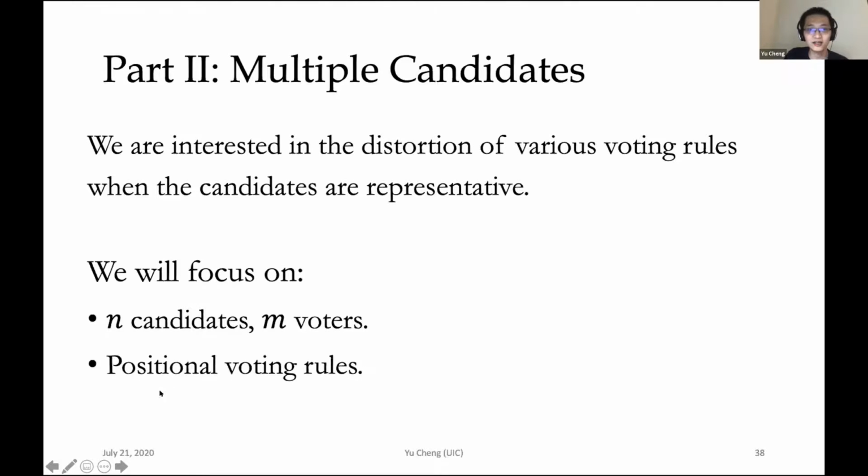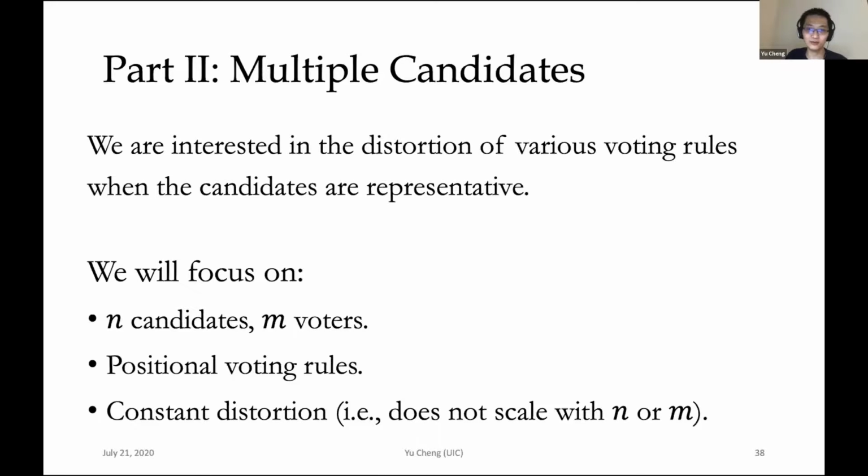We're going to focus on a family that includes a lot of the commonly used voting rules, called positional voting rules, which I'm going to define soon. In particular, we're interested in which voting rules have constant distortion when the candidates are representative. More specifically, that means the distortion of your rule does not scale with N or M.